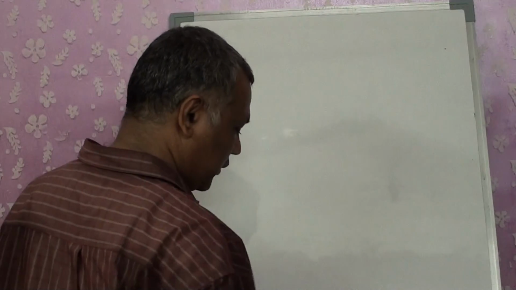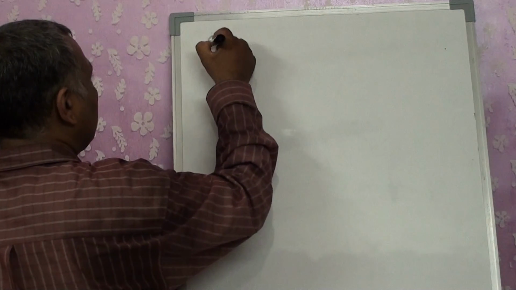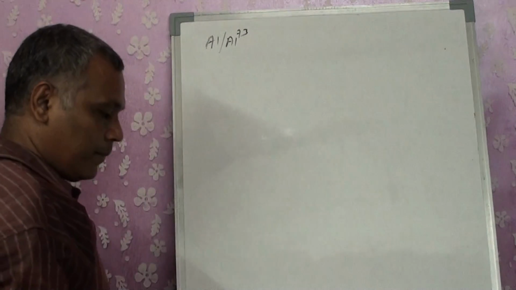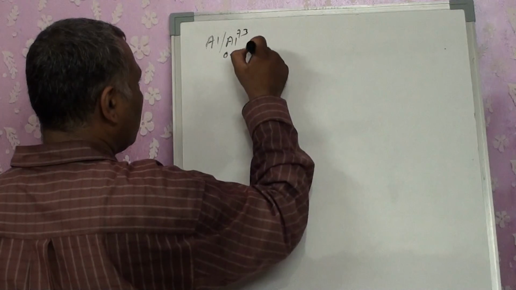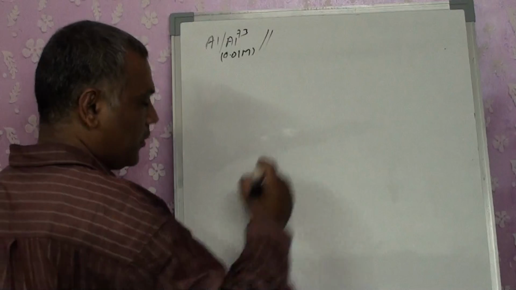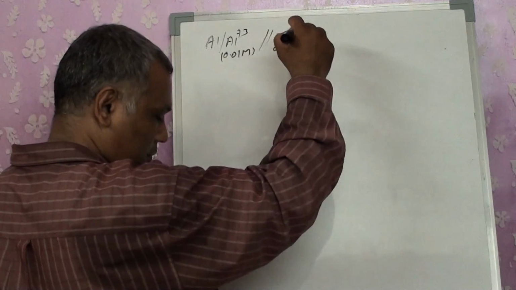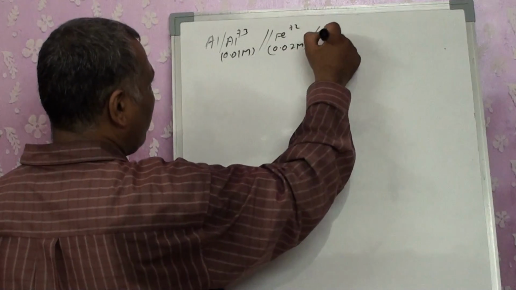Now for this, it's given to us this time: Al3+, the cell potential, 0.01 molar, salt bridge using Fe2+, 0.02 molar Fe.